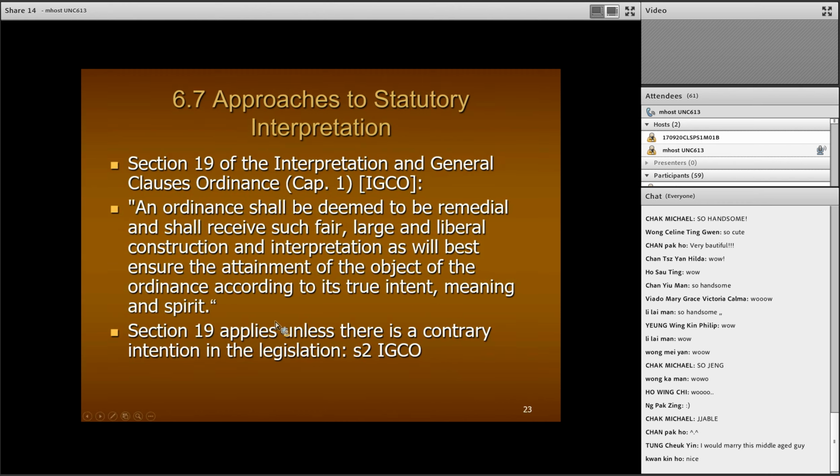You have to learn how to understand a section in the legislation.